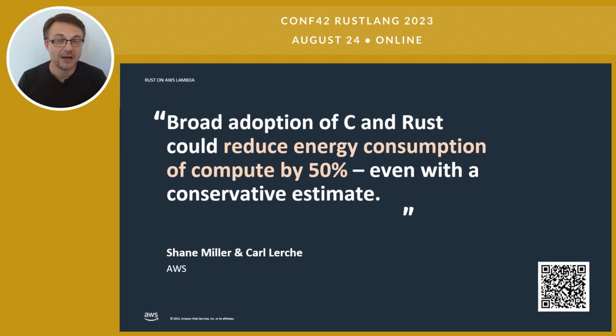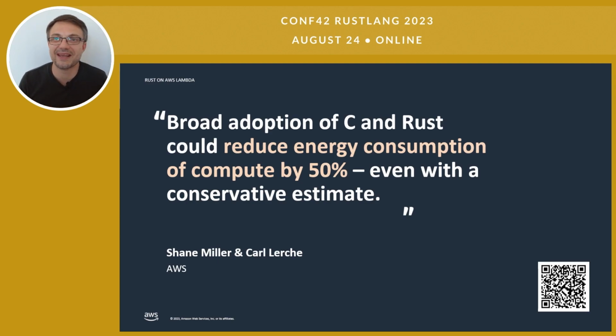And again, Rust is heavily used under the hood by different parts of AWS. For example, if we look at Lambda, under the hood, Lambda is using Firecracker VMs to isolate your workloads. And those Firecracker VMs are written completely in Rust.